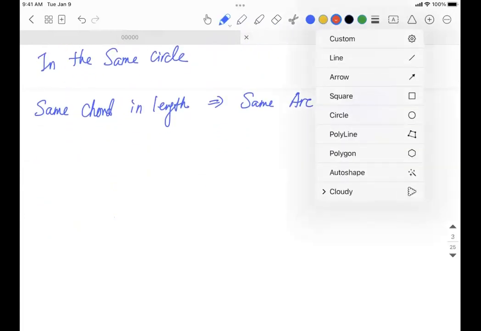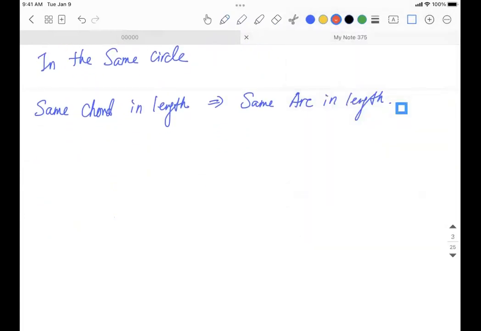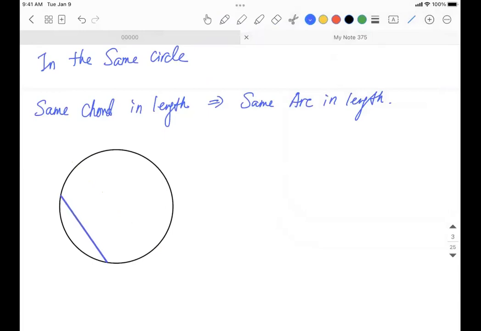So I'm going to give you this. In my circle, if I have two chords, they are the same length. Okay, they're the same length. So let's say I name them AB and CD, right?